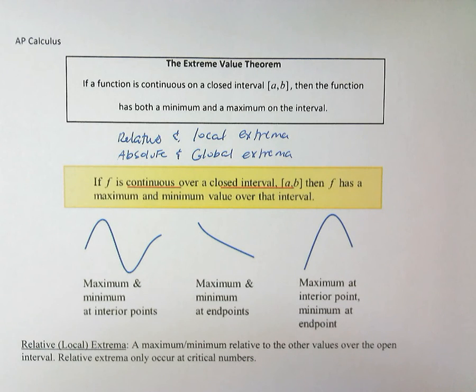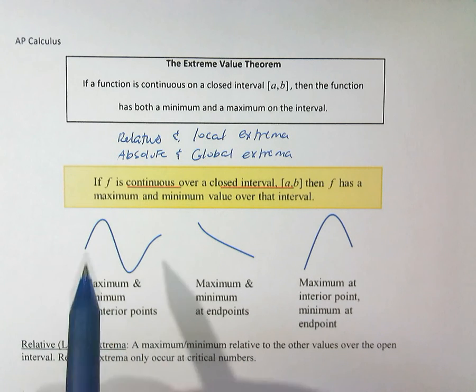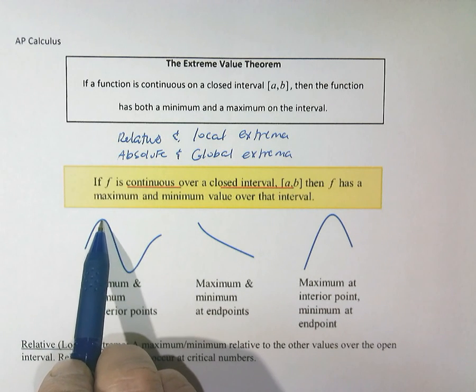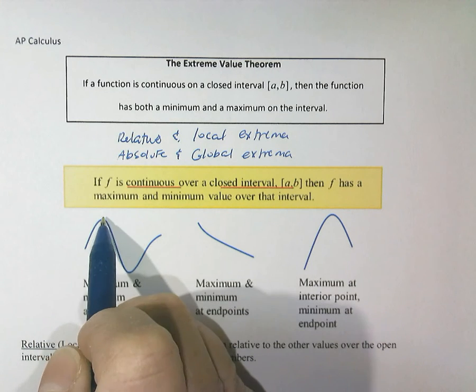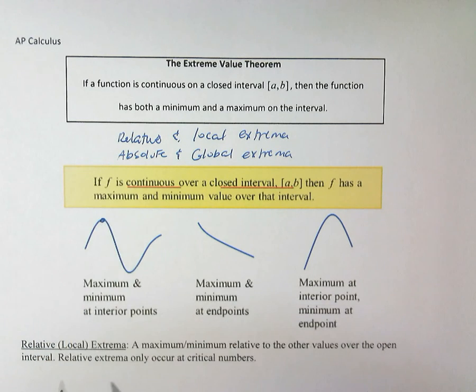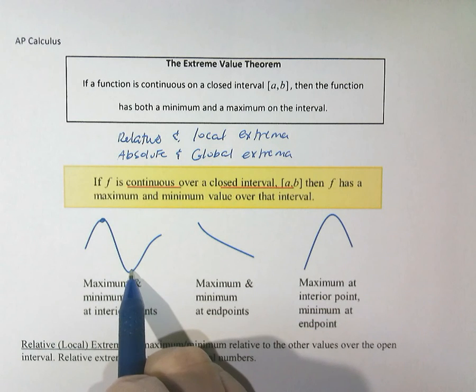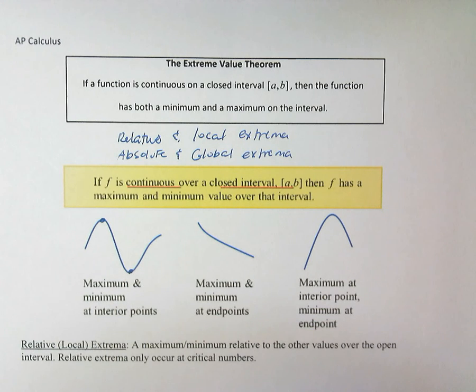So as far as mathematics goes, when you're looking at these functions that I have here, this point right here is going to be the absolute maximum. This point here is going to be the absolute minimum. And these are interior points.